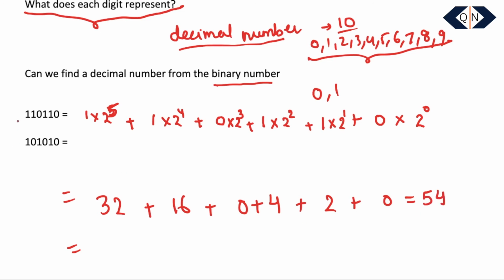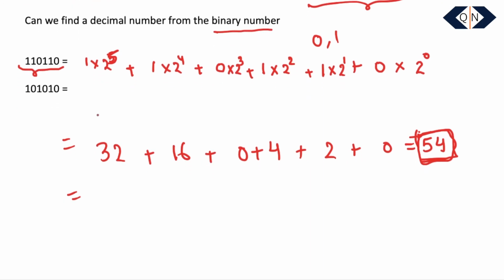So this binary number is representing 54 as a decimal. 54 decimal. Before going further, let me tell you, you might have seen that in some places it is written 110110 with a subscript 2.